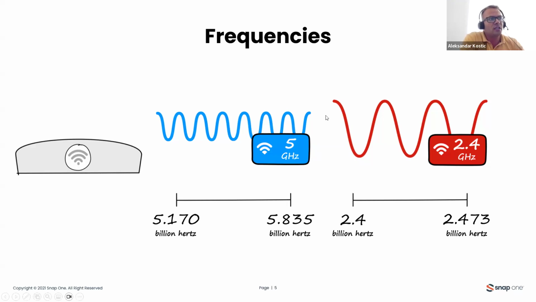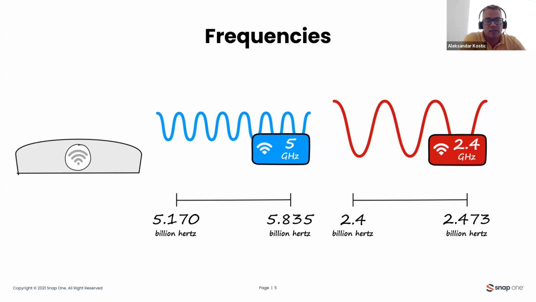As you can see here, when we look at the wave, we have many more transitions from low to high voltage level with high frequencies than with low frequencies. That practically means we transmit more information in the same amount of time with higher frequency transmission.